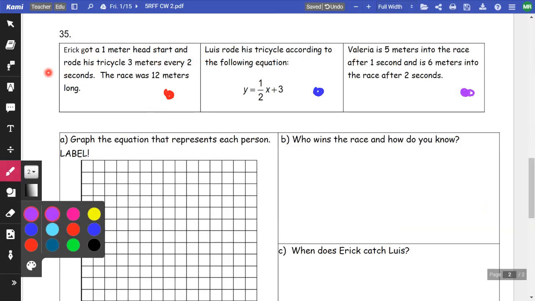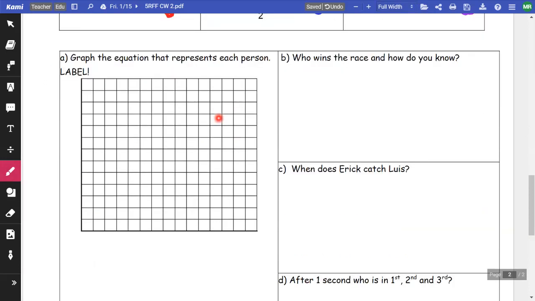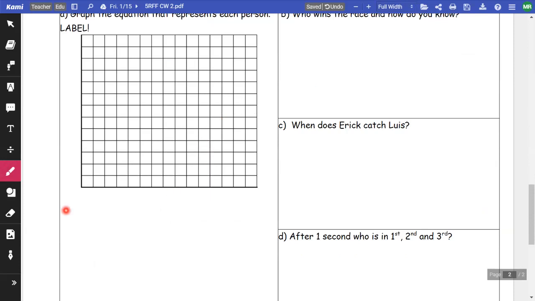And I want to label my x-axis and y-axis. So my x-axis is going to be seconds, and my y-axis is going to be meters.